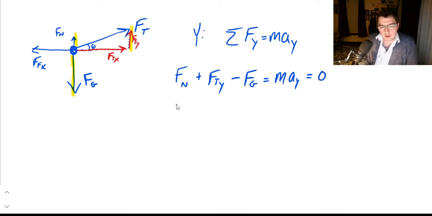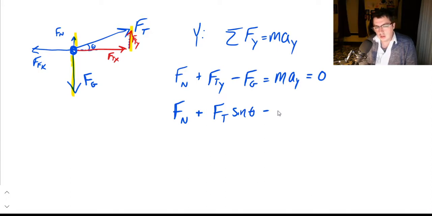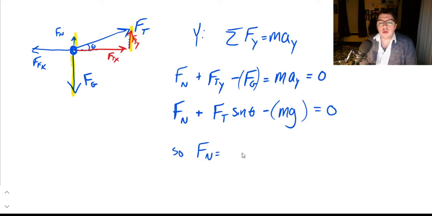So I have my normal force plus F_Ty, which would be F_T sine theta, minus F_g, which I'm just going to write mg. Anytime I have F_g by itself, I can write mass times gravity, equals 0. So my normal force is equal to mg minus F_T sine theta.